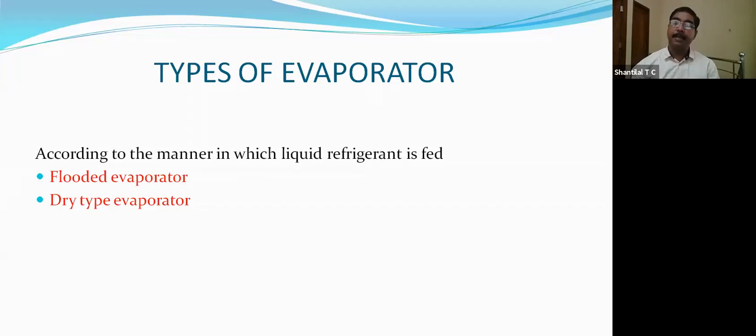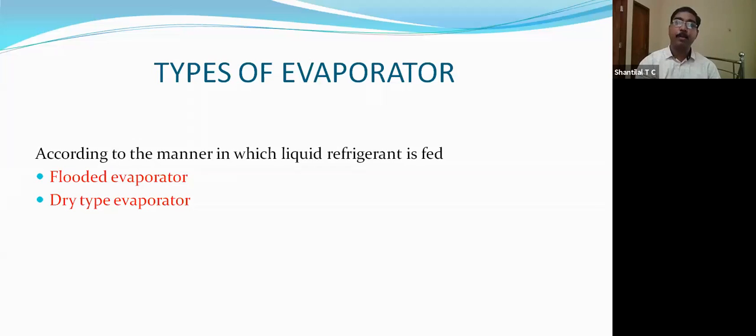Flooded type means, see by the name itself, flooded means the evaporator coil is filled full of liquid. That is the meaning of flooded. Dry means not 100% dry; it is only a small quantity of refrigerant. That is the meaning of dry here. In flooded, the evaporator coil, you know, is a round tube.